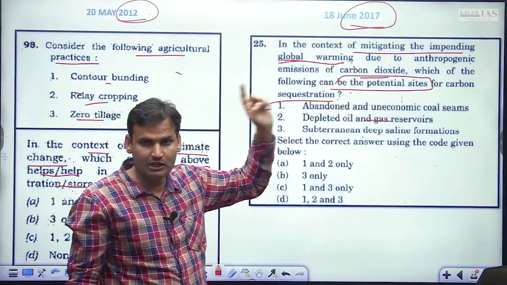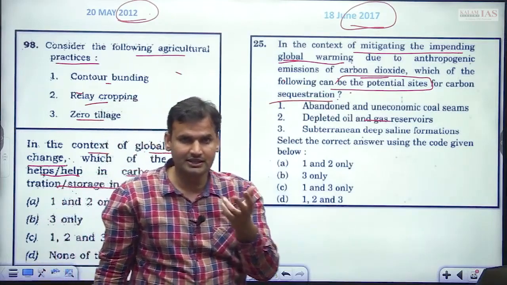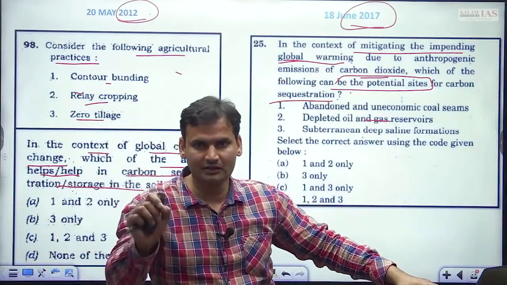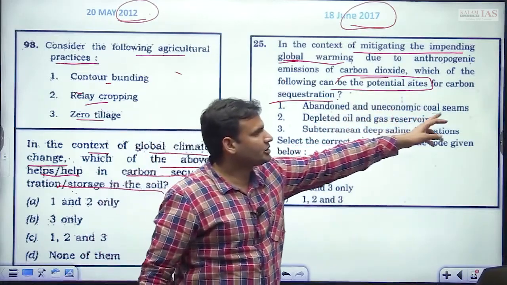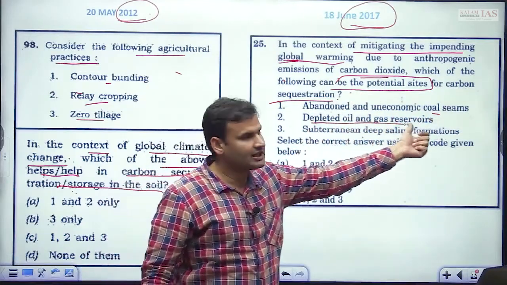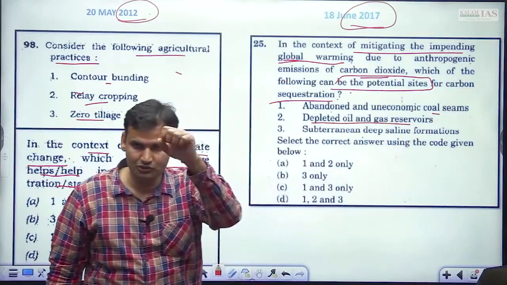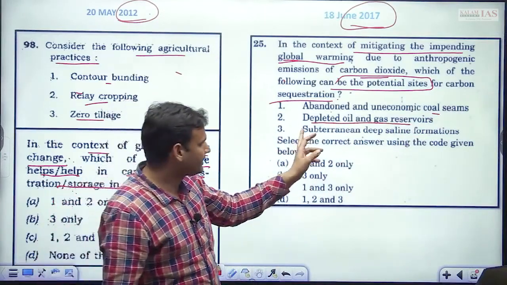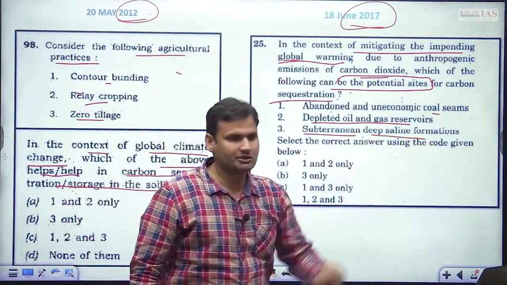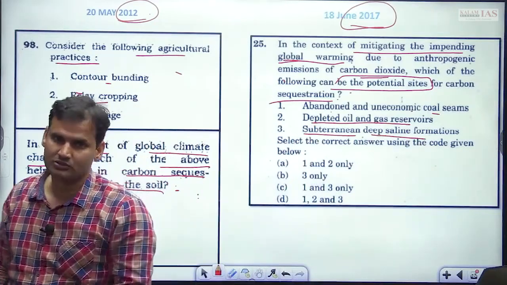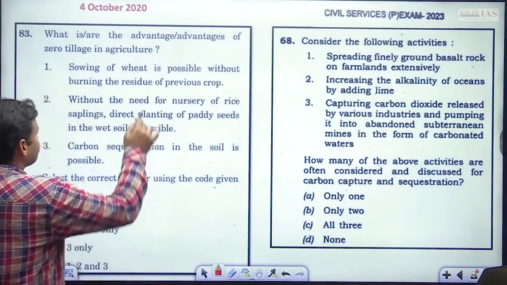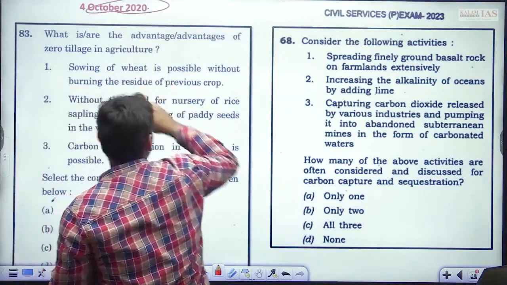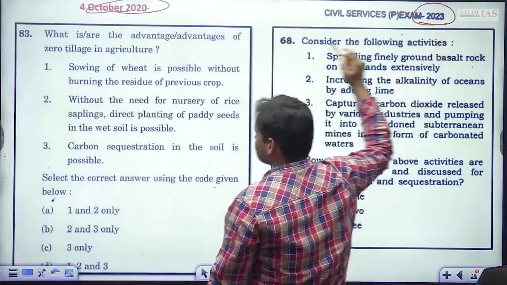Again, carbon sequestration के लिए potential sites, और यही हमने in our diagram already seen. So is it abundant and uneconomic coal seams, depleted oil and gas reserves? क्या वहां पे कार्बन को स्टोर करके रखा जा सकता है, या फिर is it subterranean deep saline formation? So what is the answer? Please comment down.